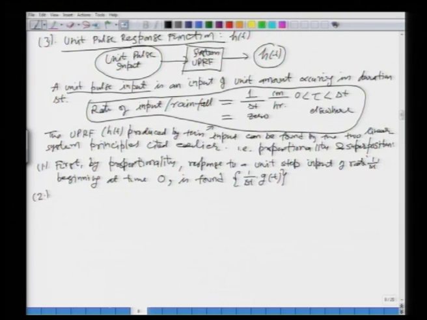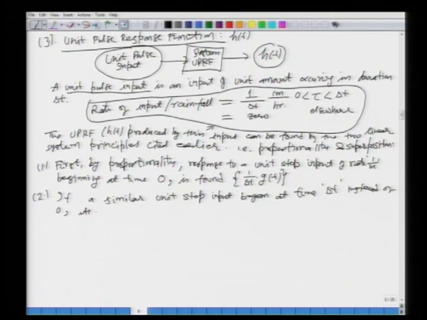Then what do we do? We say that if a similar unit step input began at time delta t, all right, which is the duration, instead of 0, its response would be what?